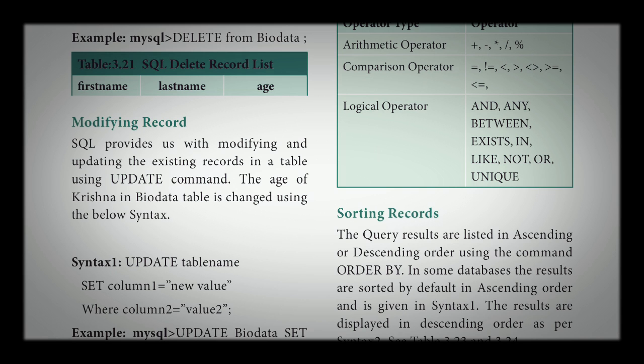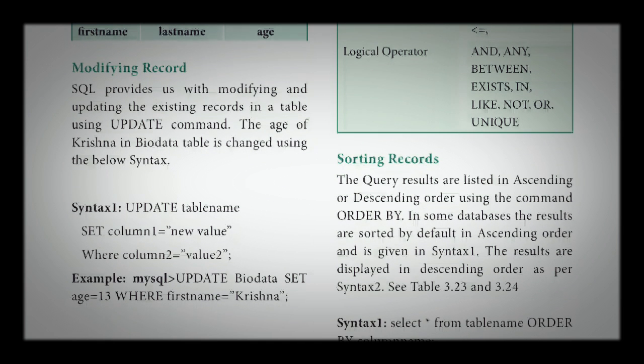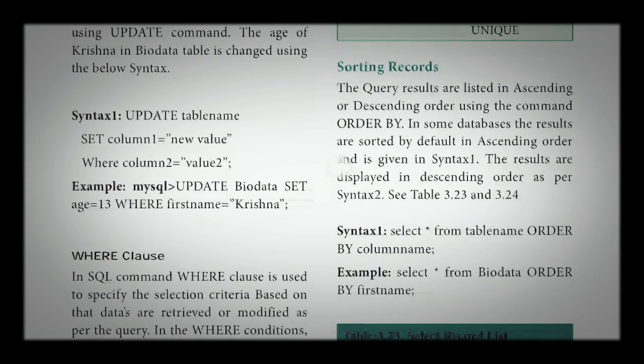The age of Krishna in the biodata table is changed using the given syntax: update table name, set column value is equal to new value, where column name is equal to value. You get the data from the table where name is equal to Krishna, and the age is going to change to a new value. We'll see the example here.